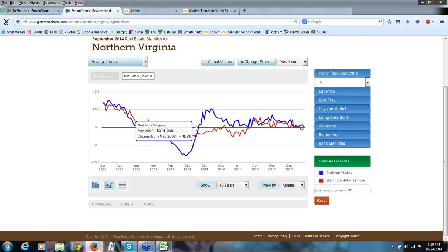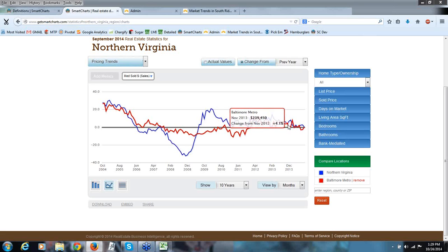Of late, things have flattened out in Northern Virginia, and that is not necessarily a bad thing. You don't want to see prices continue to skyrocket with double-digit percent increases when we're at such a high level already. So the sky's not falling.